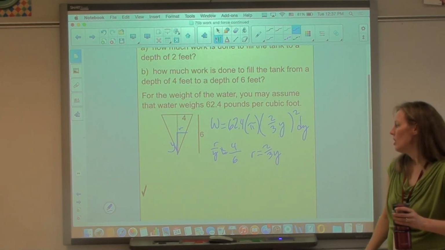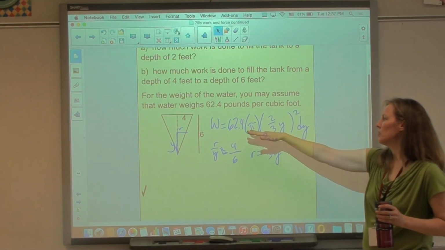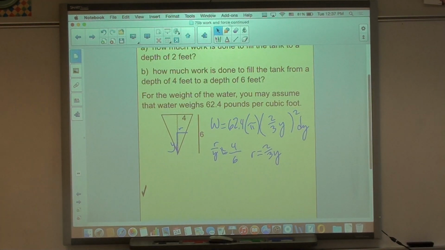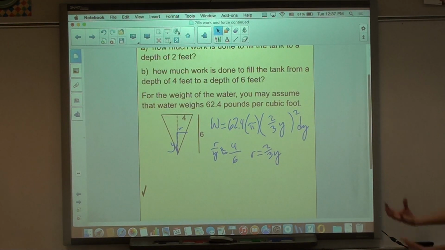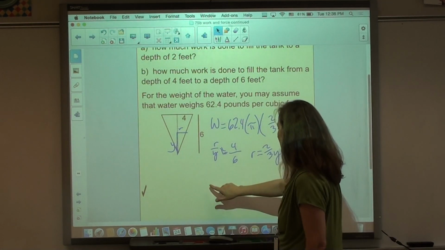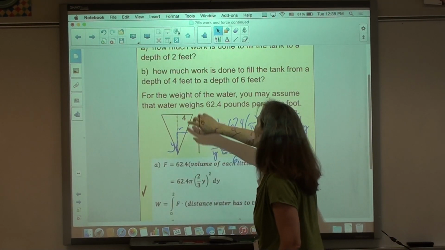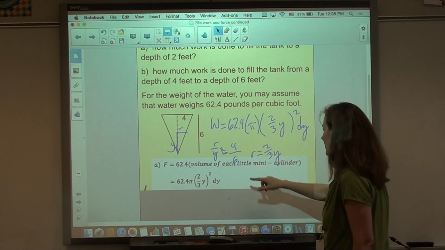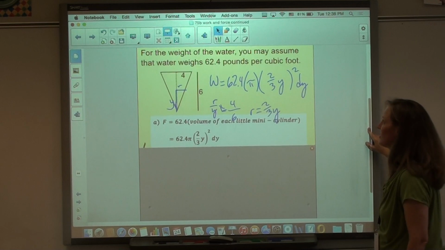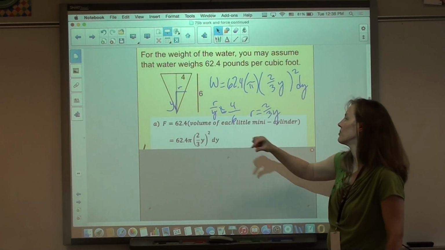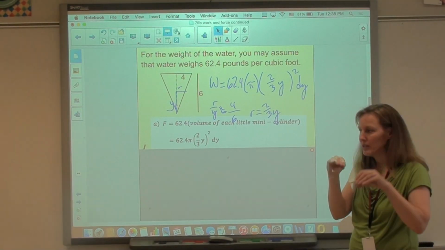This would be great, but then we have to take into account the fact that the water is traveling a distance. So there's our 62.4 times the volume of each little flat mini cylinder.